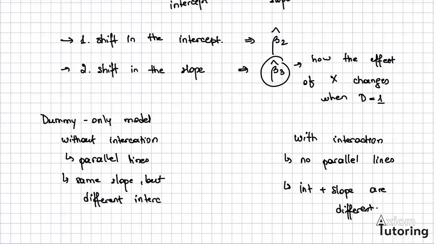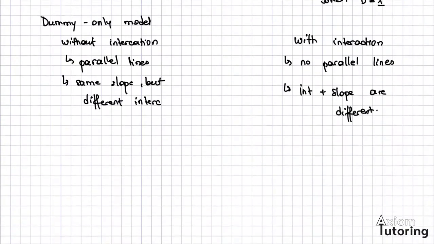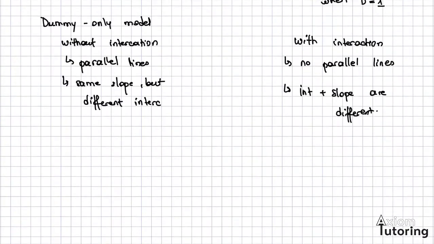Now, what about real-world interpretations? Does education increase income more for employed individuals than unemployed ones? The answer is going to be very straightforward and depends on beta 3. If beta 3 is bigger than 0, it means that education matters more for the employed.